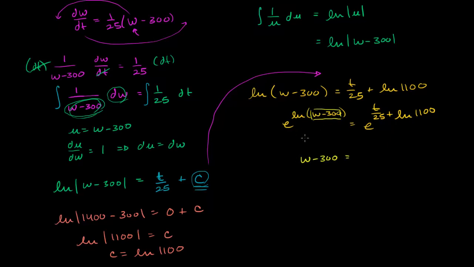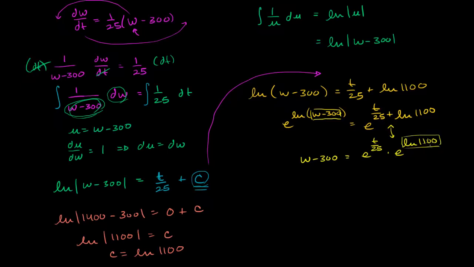And the right-hand side, we could rewrite this as e to the t over 25 times e to the natural log of 1,100. We have the same base, different exponents. If you wanted to simplify this, you would just add the exponents, which is exactly what we did up here. So these two things are equivalent. The natural log of 1,100 is the power you raise e to get to 1,100.